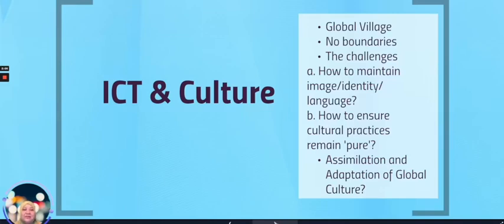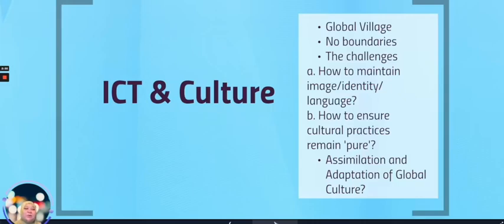So global village in this sense is actually the fact that everybody now becomes, we would say, nationals of the same nation, a similar nation. So global village is a term that we use to refer to people who do not have barriers in terms of communication, in terms of sharing information.